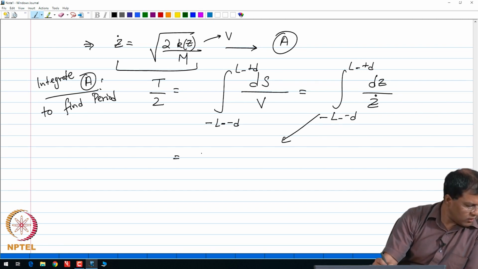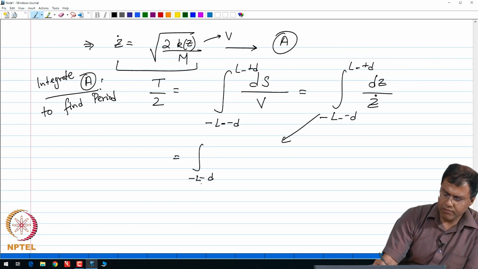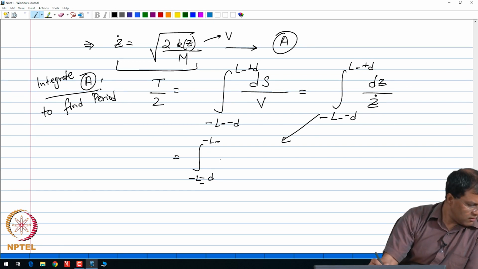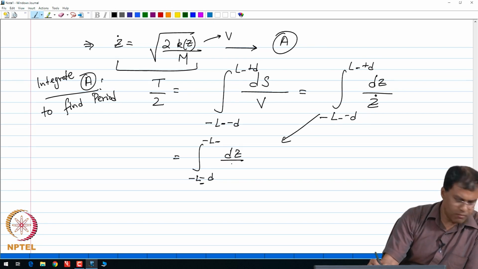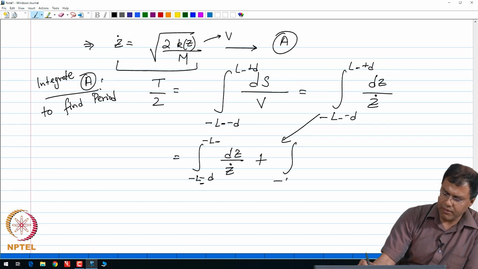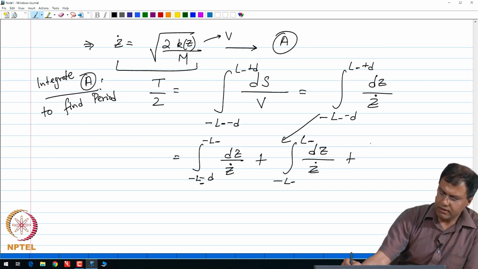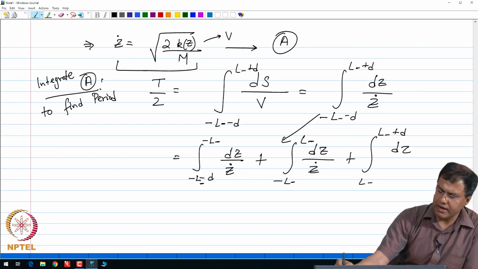This is also equal to the integral from minus L minus d to minus L minus of dz by z dot, plus the integral from minus L minus to L minus of dz by z dot, plus the integral of L minus to L minus plus d of dz by z dot.